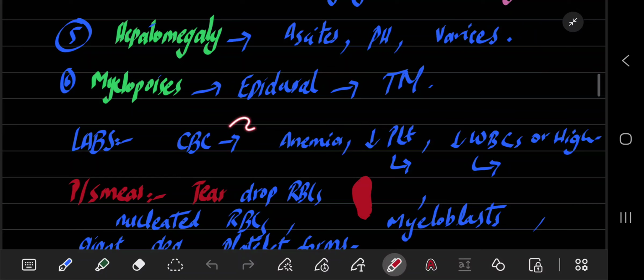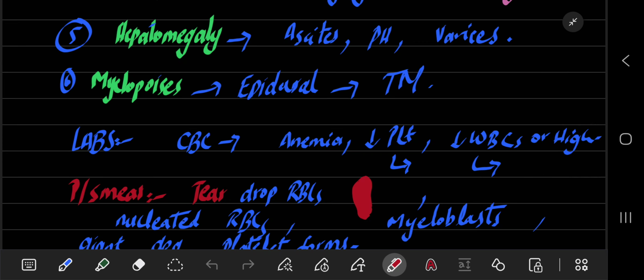What are the labs? First one is CBC. CBC shows anemia. There may be thrombocytopenia, or initially there may be increase in the platelets. And also there may be decrease in the WBCs, or WBCs may be high or normal.